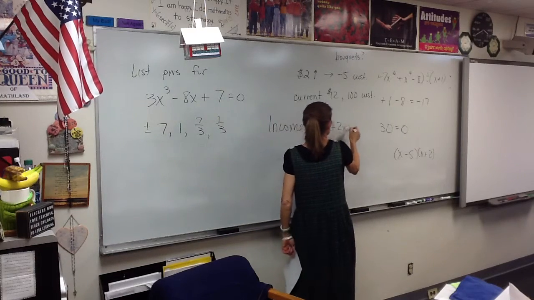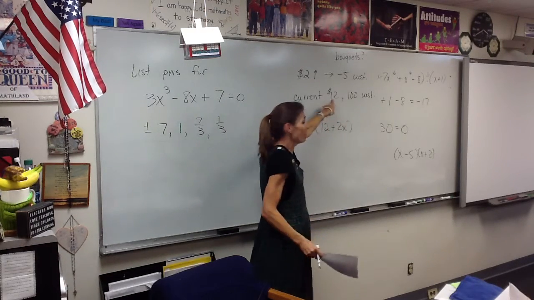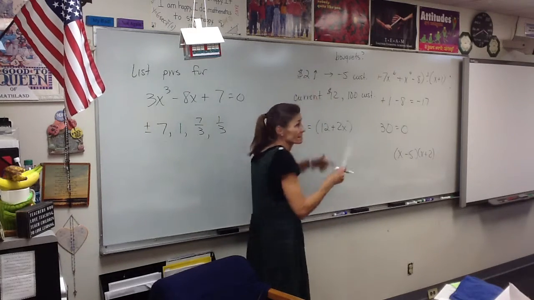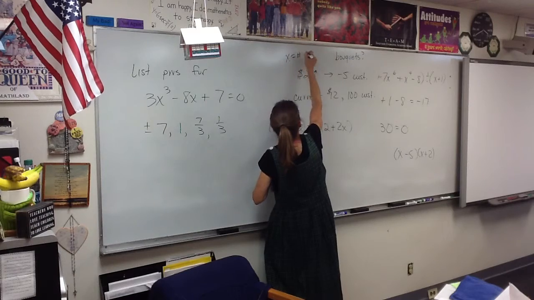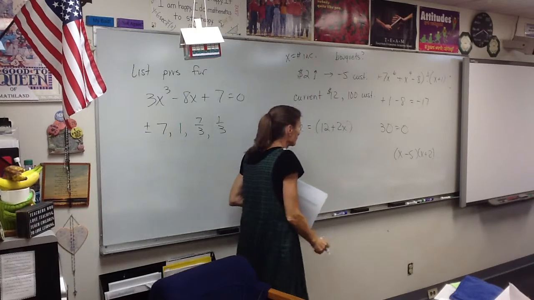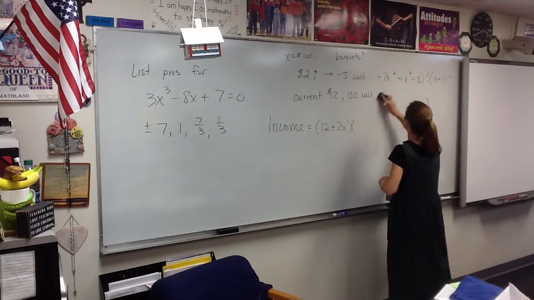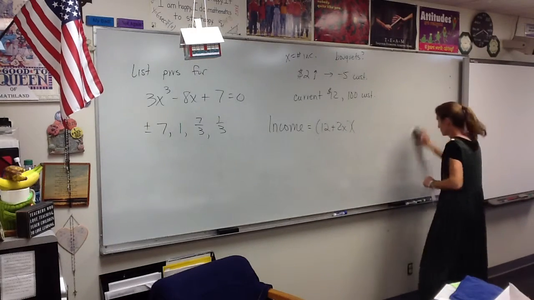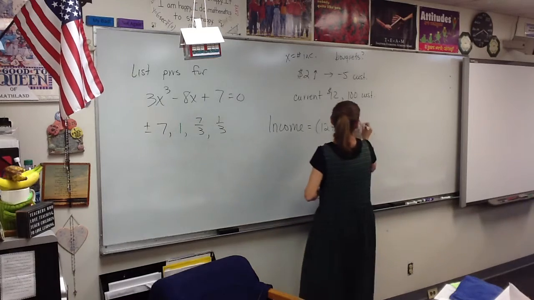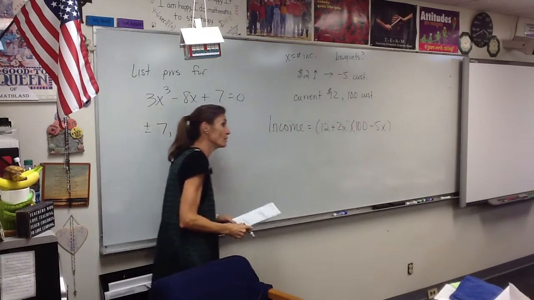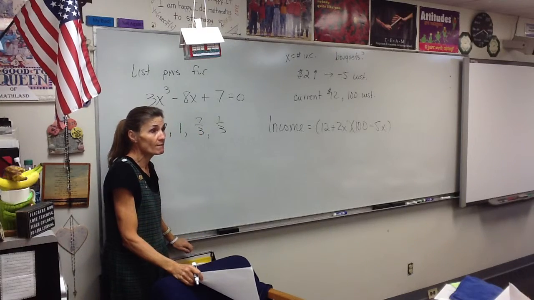12 plus 2x. $12 plus a $2 increase increments. X will be the number of increases times what? 100 minus 5x. The customers are going down in groups of 5.